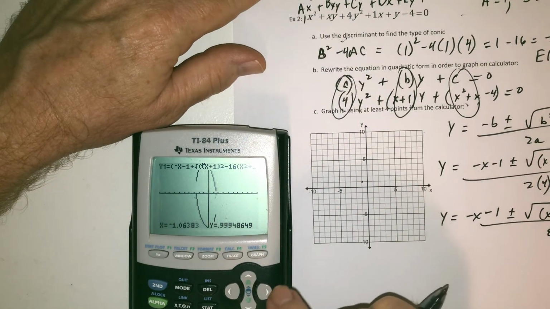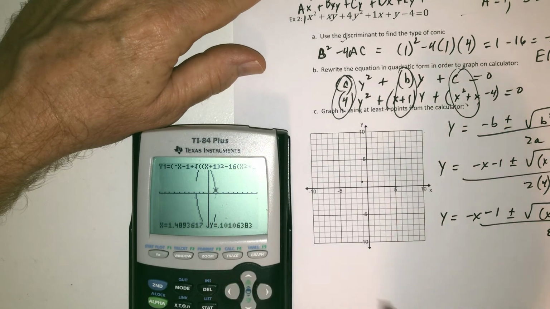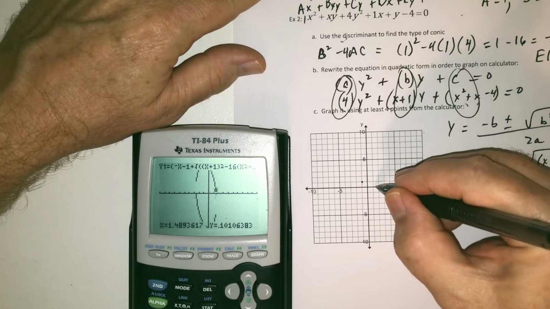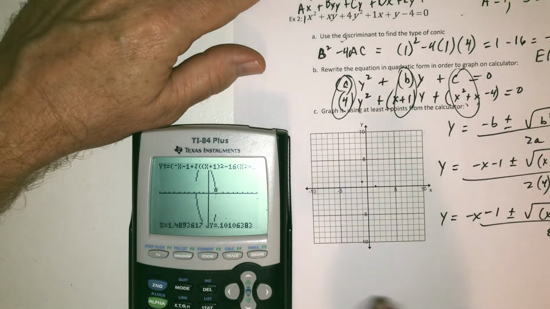Let's stay on that upper one and let's go to the right. Okay, so there's a point. Let's go back. At 1.5, 0.1, which would be right in there. And now let's go to the right some more. Notice it went down to the other part.